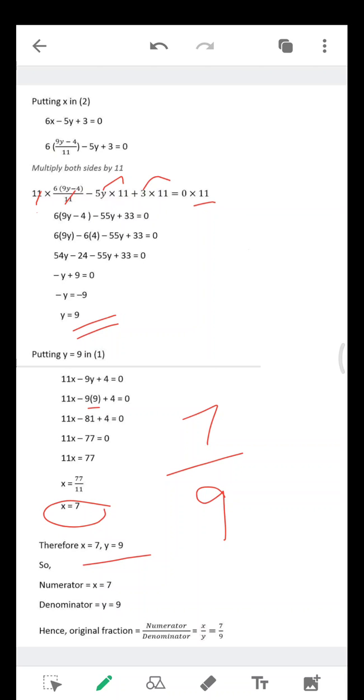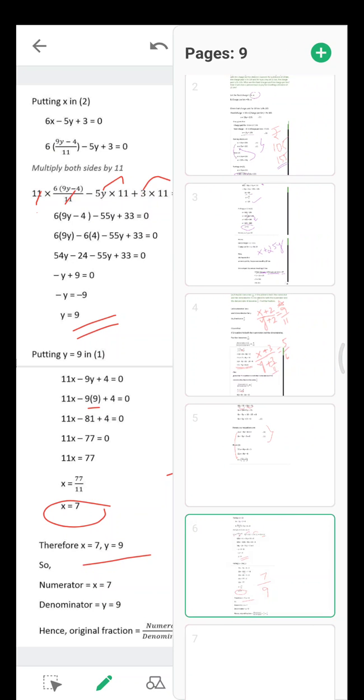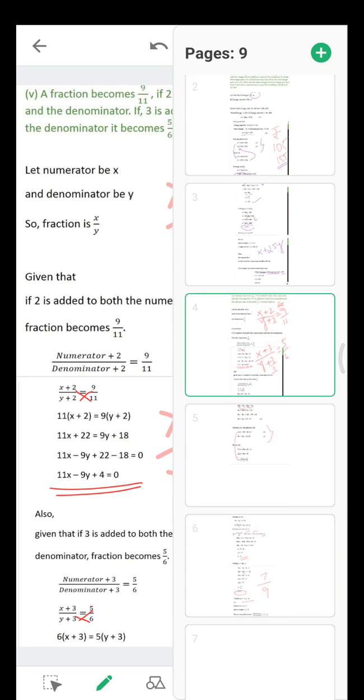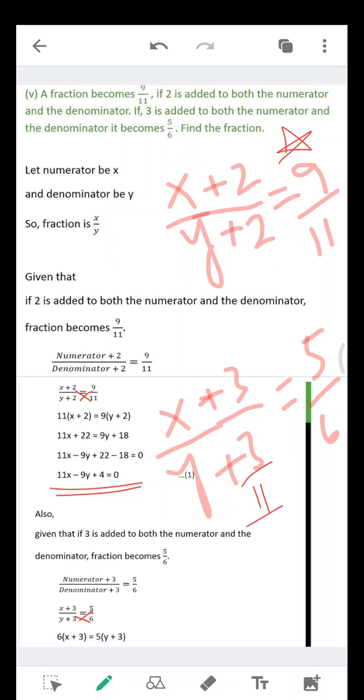Got it? You can cross check your answer by adding 2 to both numerator and denominator. What is our answer? 7 by 9. If you add 2 to 7 and 9, you will get 9 by 11.